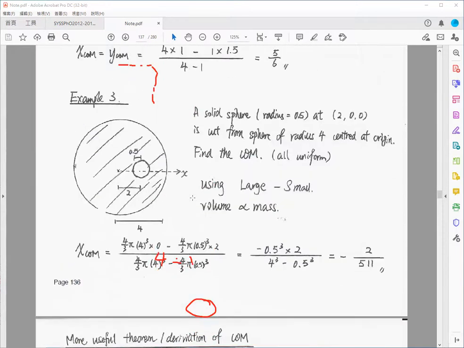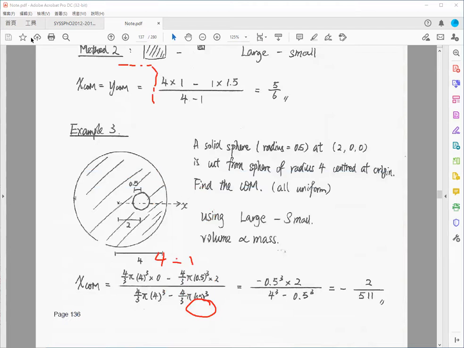So I'll give you another example before you do some exercise. So have a look at this one. Any question here?